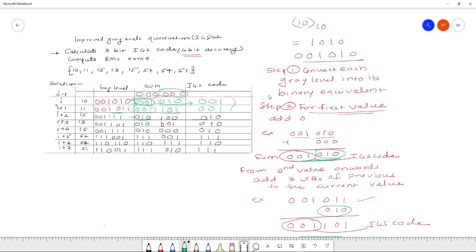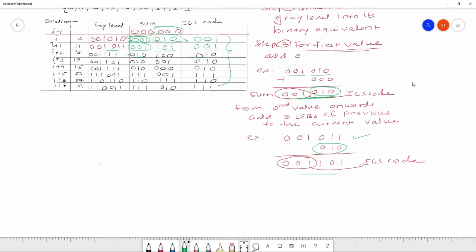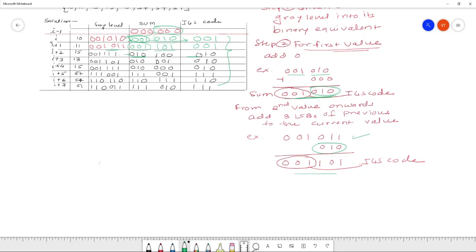Once you get this IGS code, what do we have to do next? We have to convert that into its decimal equivalent. All of you know how to convert this into decimal equivalent. In digital system design, if I had given you this number to convert into decimal equivalent, what was the procedure? 0 into 2 plus 0 into 2 plus 0 into 2, right? So 0, 1, 2. So this will be 2 raised to 0, that is 1, right?